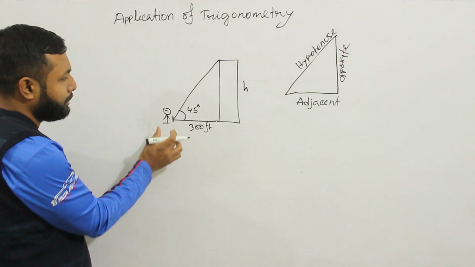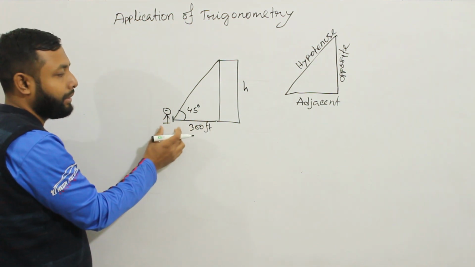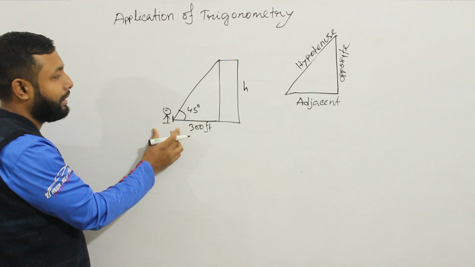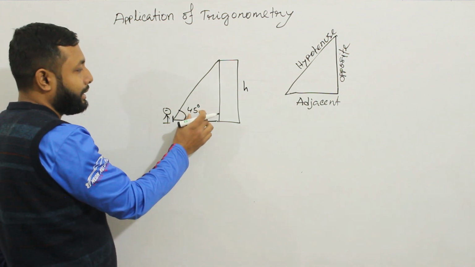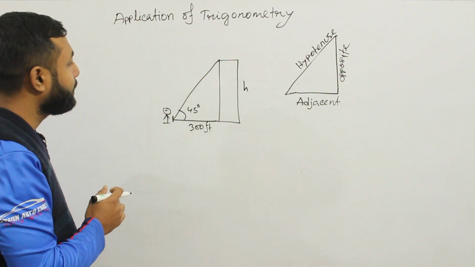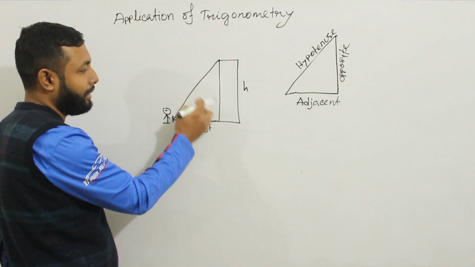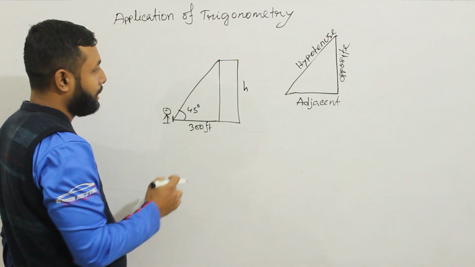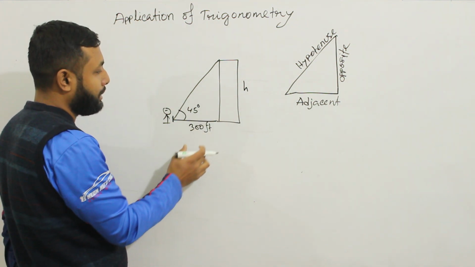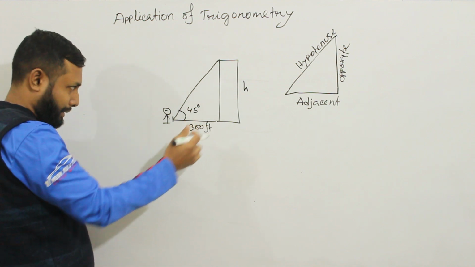We are able to calculate that angle because we are standing away from the building, and the angle is easily measurable by scaling it. So in that case, we get an angle of 45 degrees toward the building when we are 300 feet away from that building.